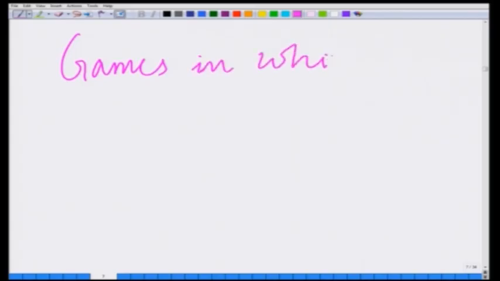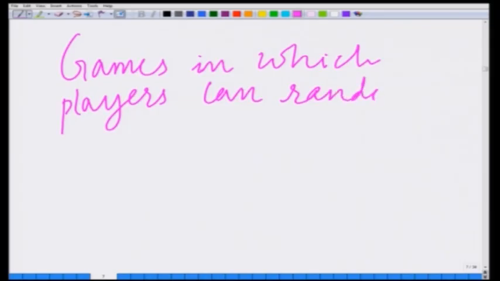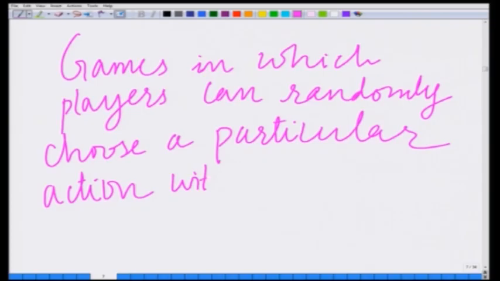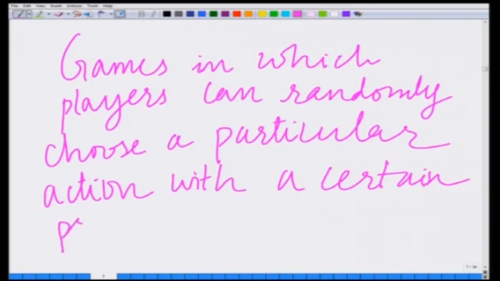That is, we are going to consider games in which players can randomly choose a particular action with a certain probability.